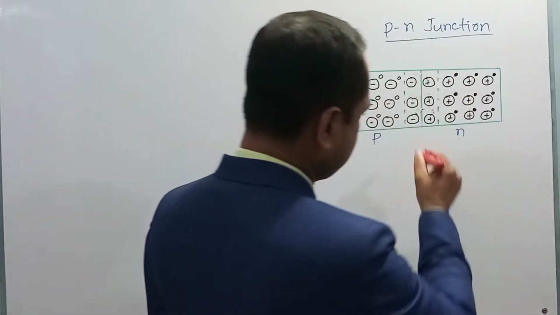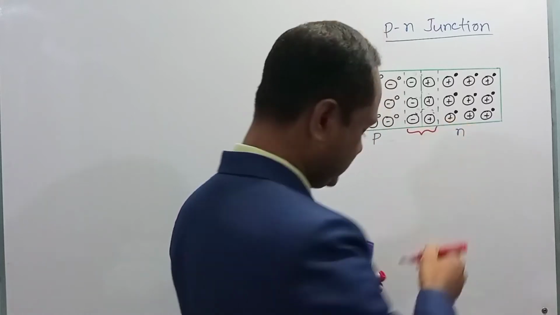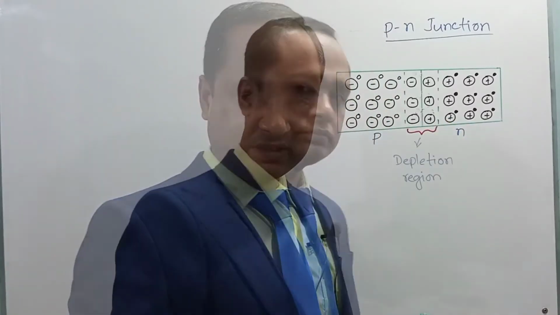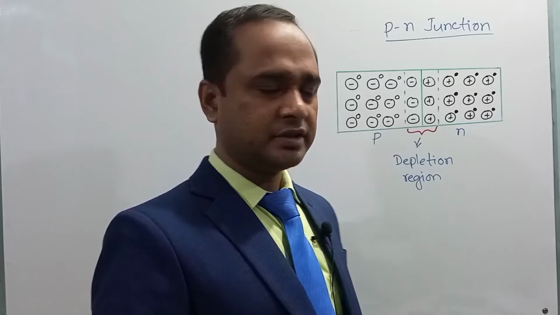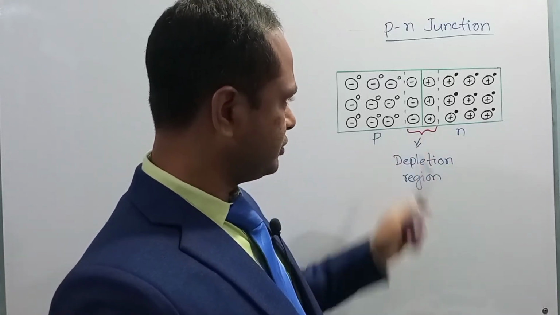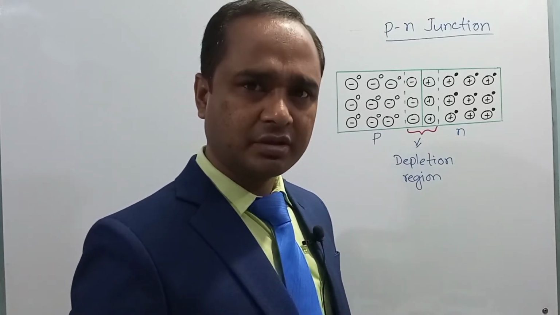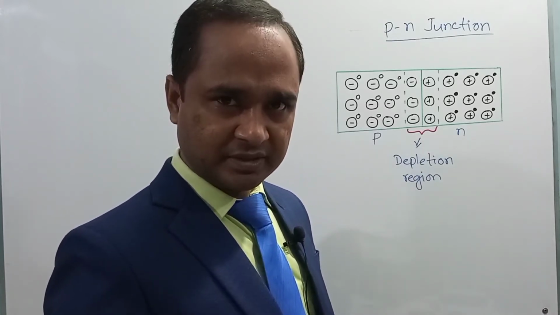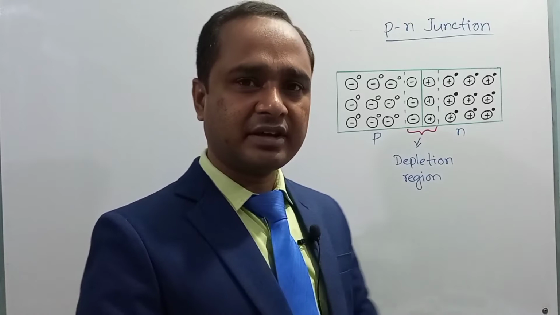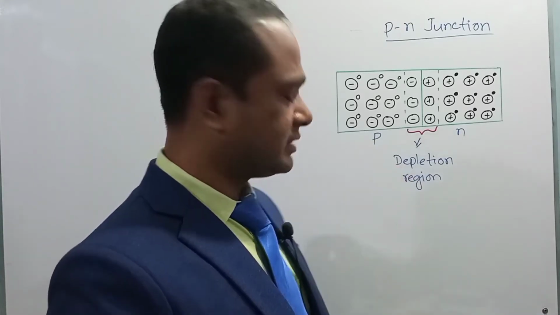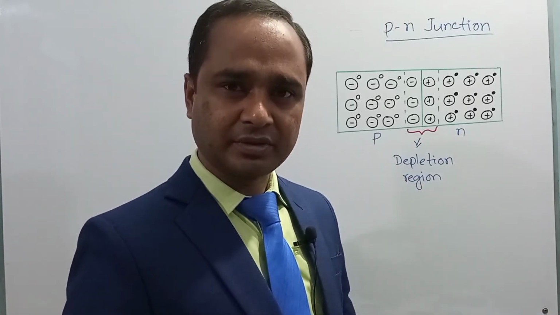This portion will be known as the depletion layer. So this portion in between the p-n junction is called the depletion region or depletion layer. This portion acts as a barrier in the conduction of electrons or electricity.